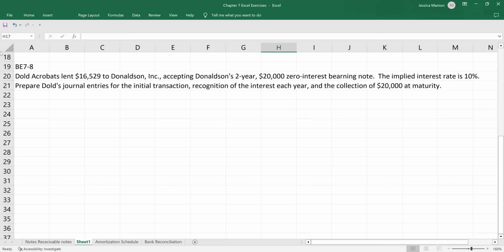So on this one, for the first transaction, to record the initial note receivable transaction, our journal entry here, we would have debit notes receivable.